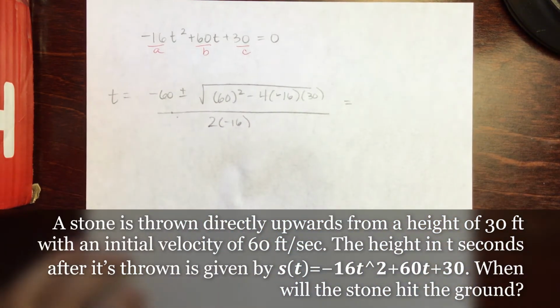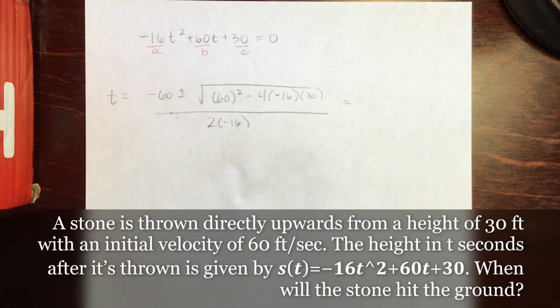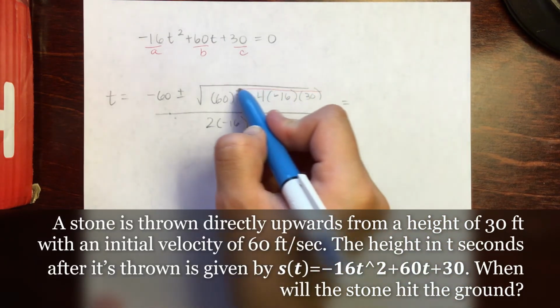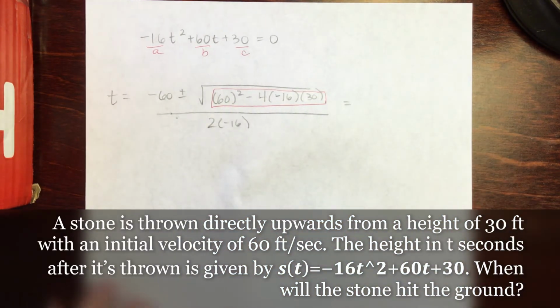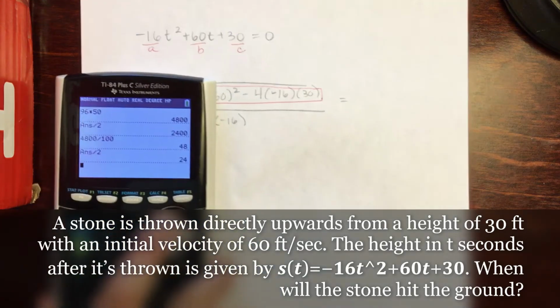Okay, so for word problems, you can use decimals. You don't have to leave complete exact answers with square roots in them. But just to make sure you don't make any careless mistake, let's type these numbers into our calculator to figure out what that is.